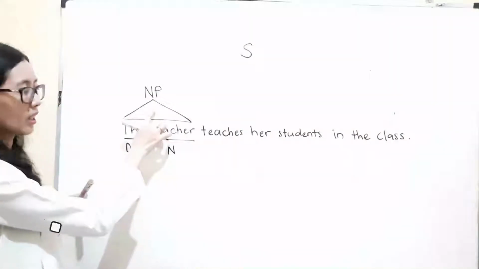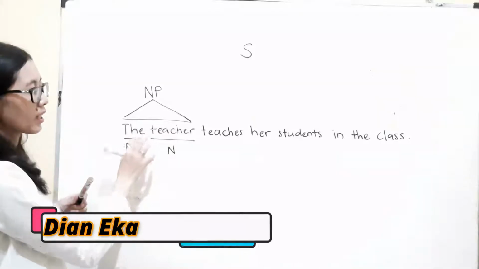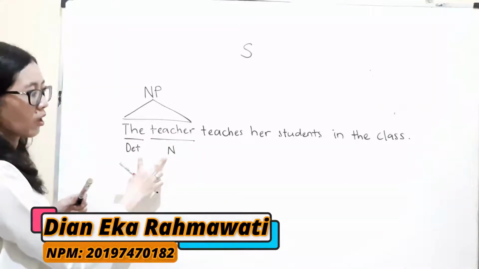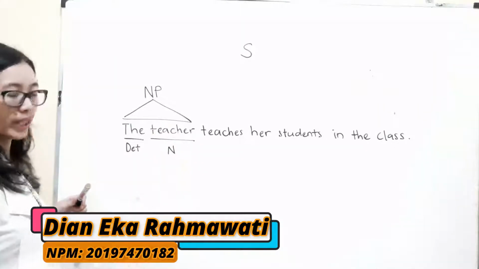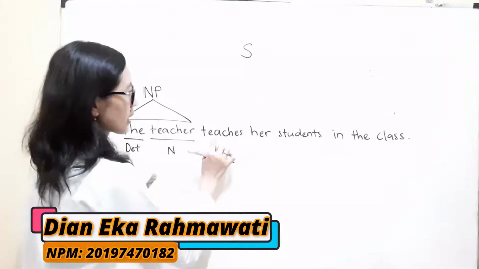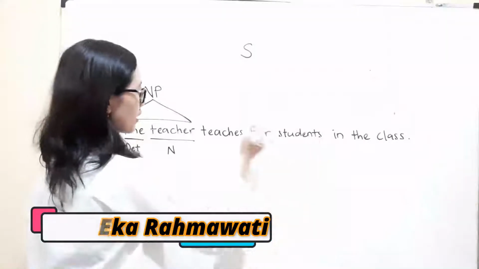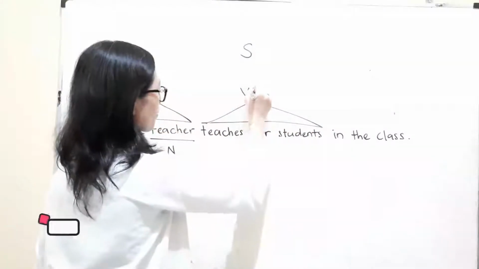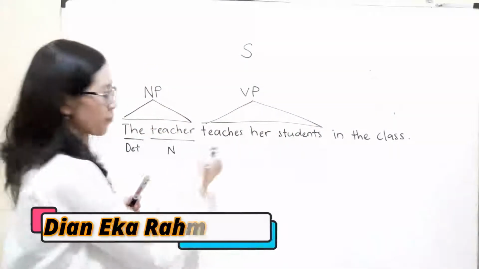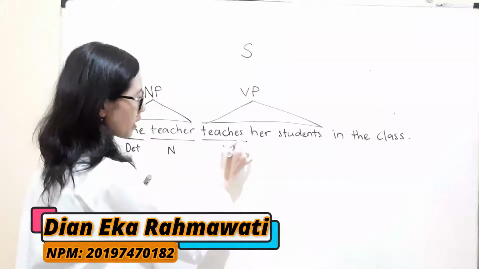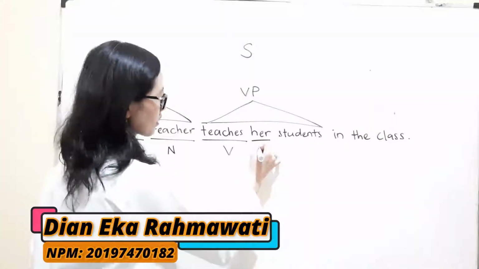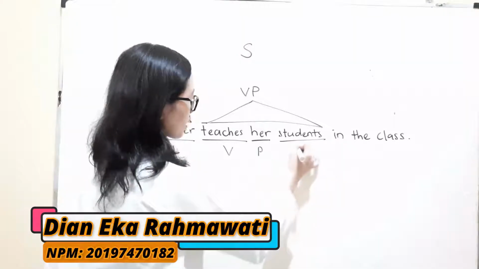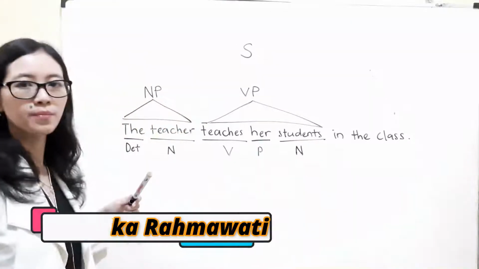We use the triangle if we do not represent the inner part of the word. Teaches her students, we call this the verb phrase. This is the verb, this is the preposition, and student is the noun.